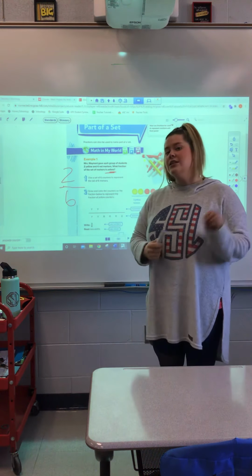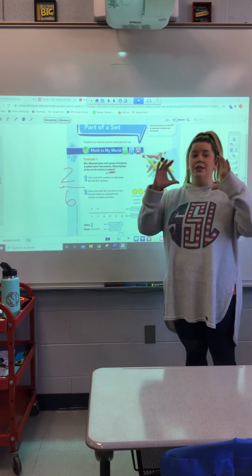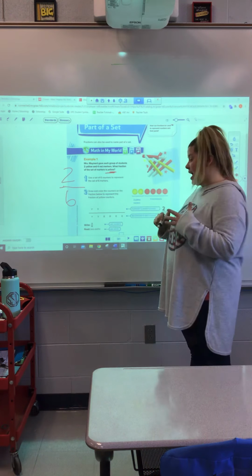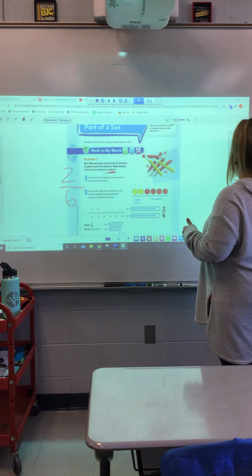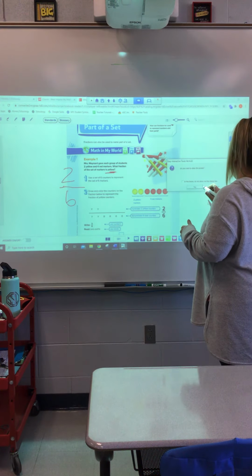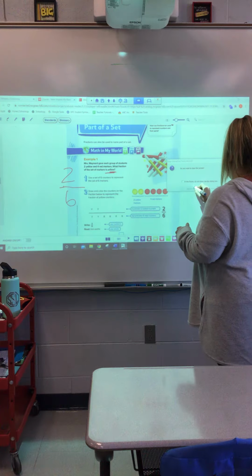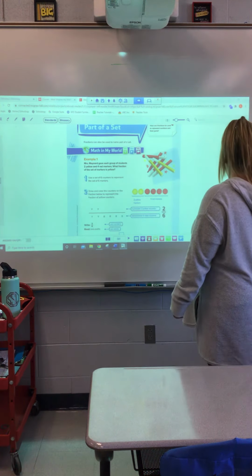Okay? So see how that's a little bit different than fractions as a whole? Instead of counting just the parts of one thing, now we're looking at a set and seeing how many there are total. I got a new marker and it's not working too well.